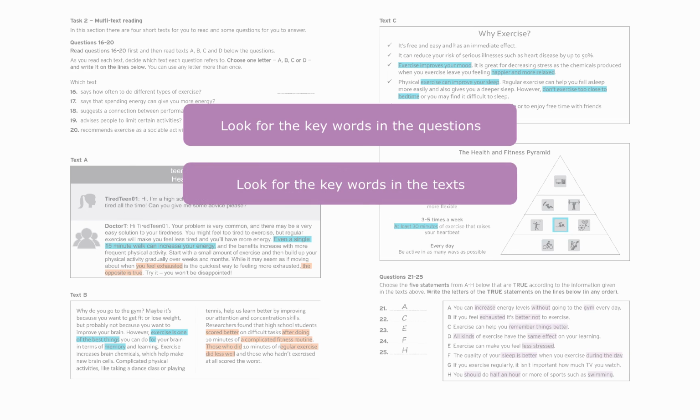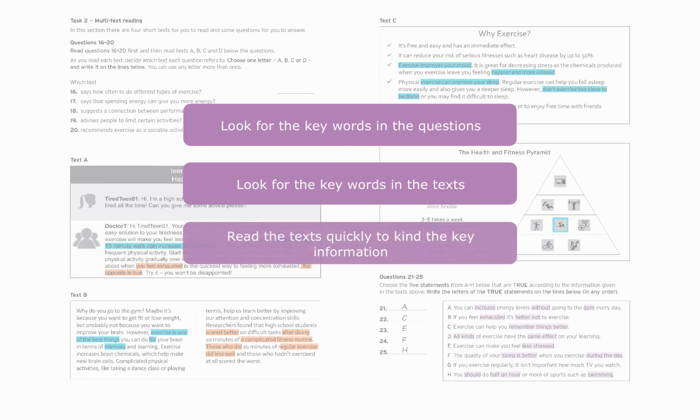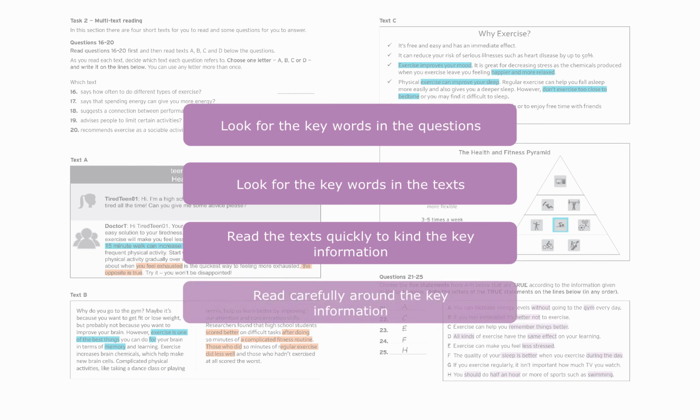Then look for those keywords again in the texts and let your eye move quickly. Do read those short texts very, very quickly, especially text D. Again, we had lots of the answers here. Try and find the key information and then read that sentence carefully and make sure you know why it is true or false.